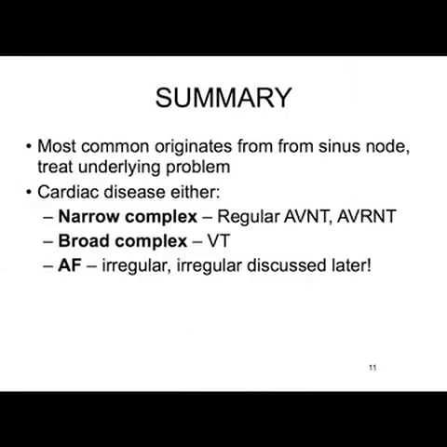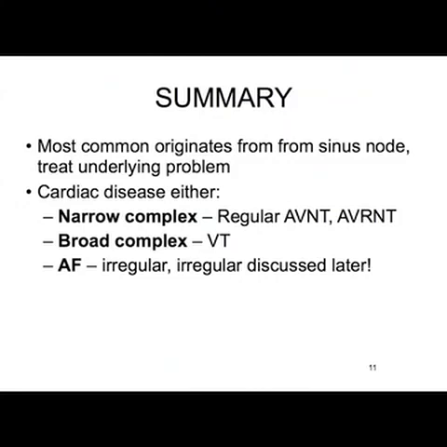So, in summary, the most common type of tachycardia is one originating from the sinus node. This obviously should not be treated as an arrhythmia, but requires correction of the underlying cause, e.g., say, fluid replacement. Tachycardias due to cardiac disease may be either narrow complex or broad complex, and further subdivided into regular or irregular.